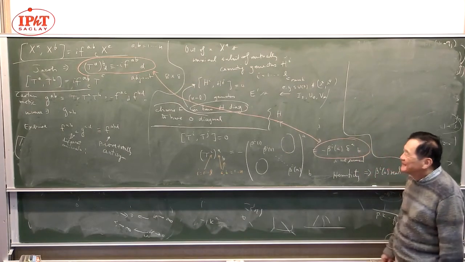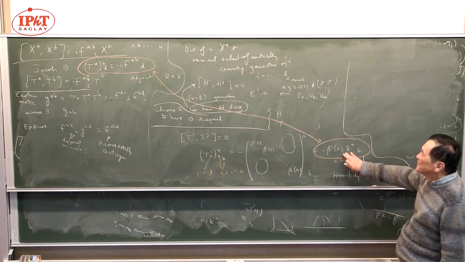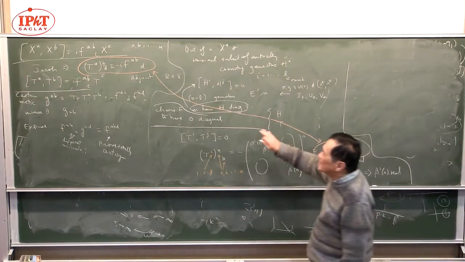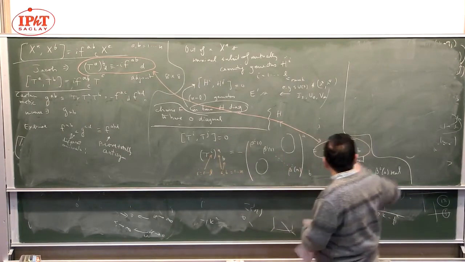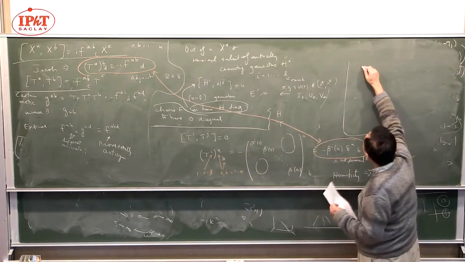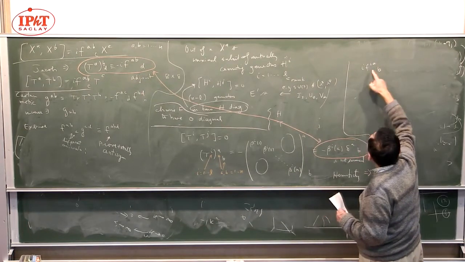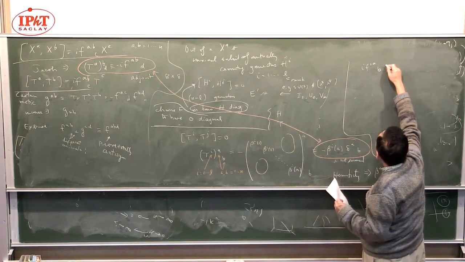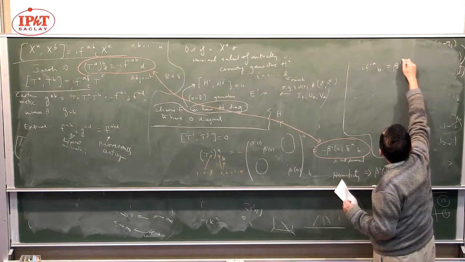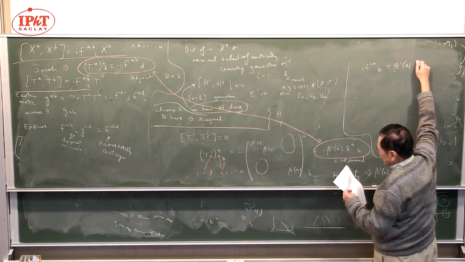So we compare these two expressions, and we see we have this rather strange and ugly looking expression, (Ti)AB is equal to beta IA delta AB.